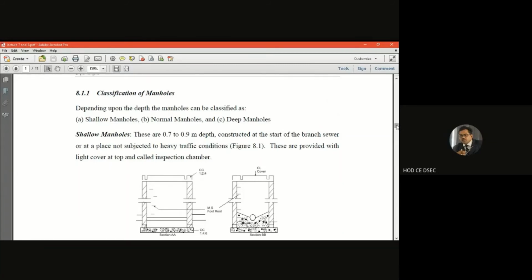This shallow manhole is constructed where? It is constructed at the start of the branch sewer or at a place not subjected to heavy traffic. That means just where the branch sewer starts from the main sewer. At the start of the branch sewer, where the traffic condition is not a factor, it can be applied.